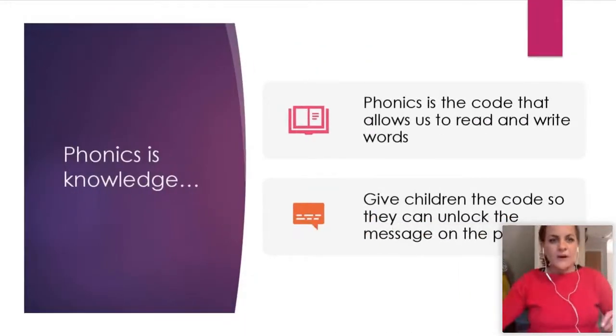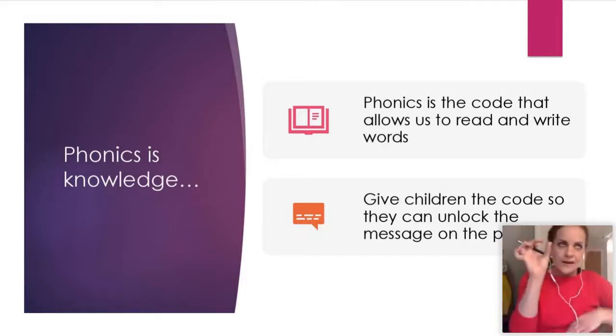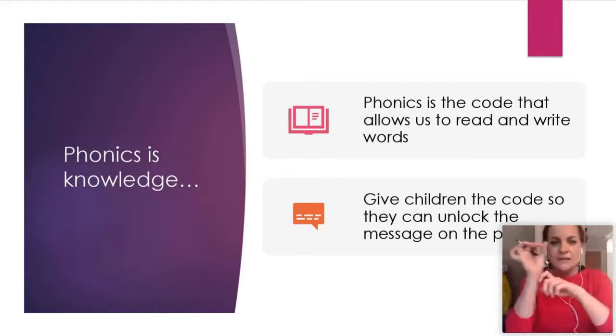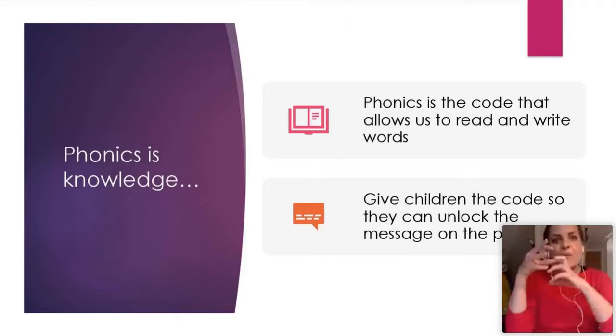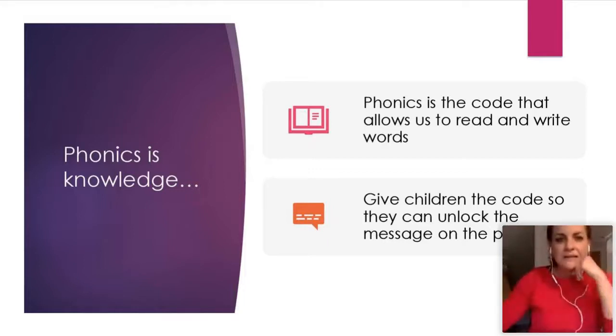Phonics is knowledge. It's the code that allows us to read and write. It's understanding that each individual symbol on a page, in the English language, is potentially one sound, or two letters making one sound. When we combine those symbols, they form a word, and that conveys meaning.